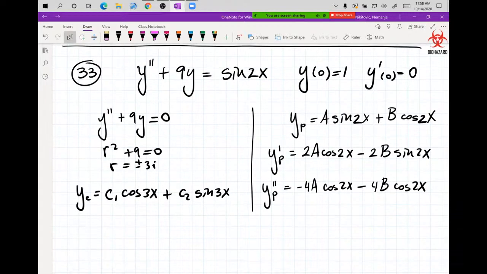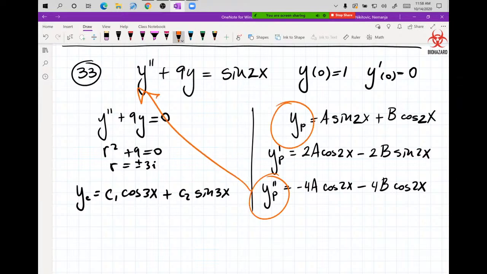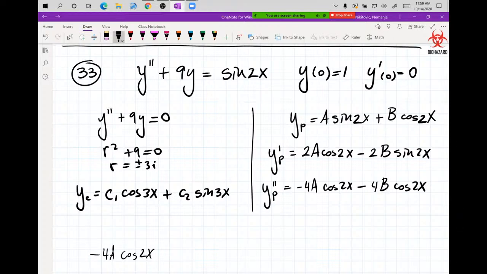And then it's time to plug these two into the differential equation and figure out what a and b should be. So we're going to write our y double prime: negative 4a sine 2x minus 4b cosine 2x plus 9 in parentheses a sine 2x plus b cosine 2x.